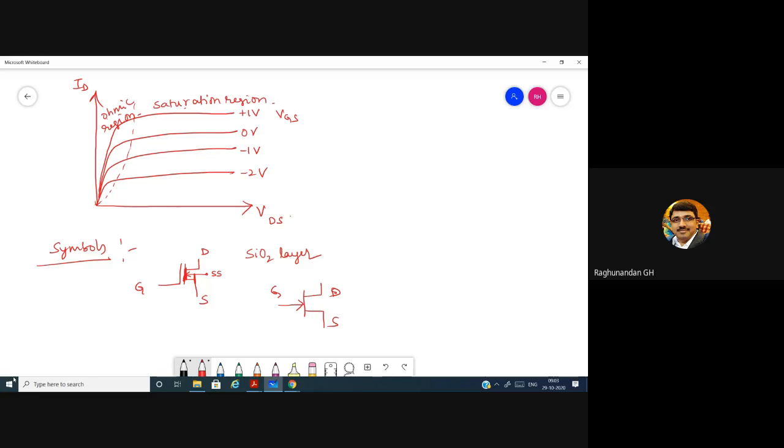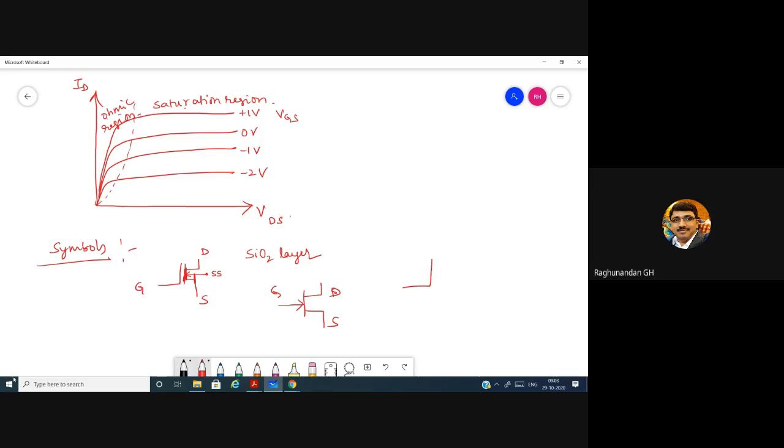If it is shorted, we will be writing the symbol like this. If it is not shorted, then we are going to remove this part. So now here, this is an N-channel D MOSFET because the arrow mark is towards the gate. Just remember, if the arrow mark is towards the gate, it is N-channel. If the arrow mark is away from the gate, it is P-channel.